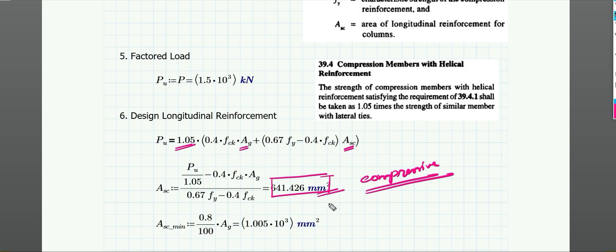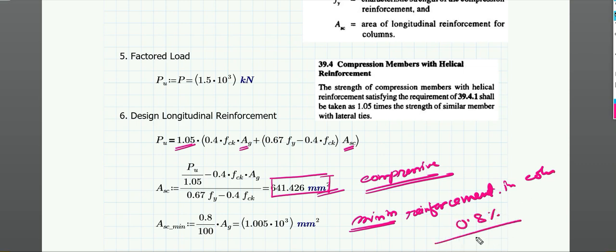Also, in the previous class we have discussed what is the minimum reinforcement in a column. It is 0.8%. What is the maximum one? Which was 6%, right? And practically, a maximum of 4% is provided, not more than that.